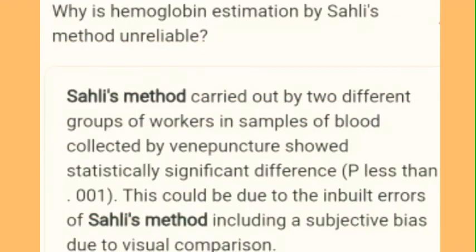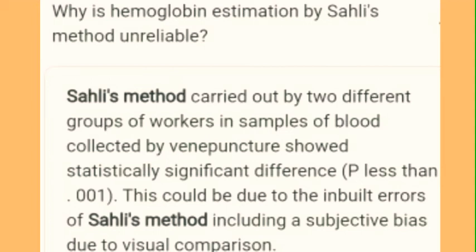Why is hemoglobin estimation by Sahli's method not accurate? Because when carried out by two different groups of workers on samples of blood collected by venipuncture, it showed a statistically significant difference, p less than 0.001.